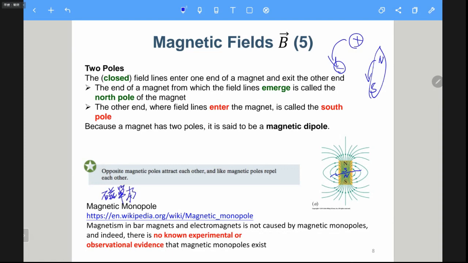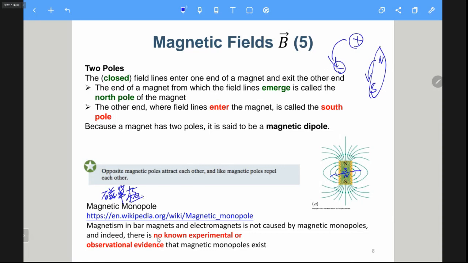As far as now, you cannot find that. If you're interested, you can look at the Wikipedia page about the magnetic monopole. Magnetism is caused by electromagnetism, not by magnetic monopoles, but for charge, we can have positive charge and negative charge independently.